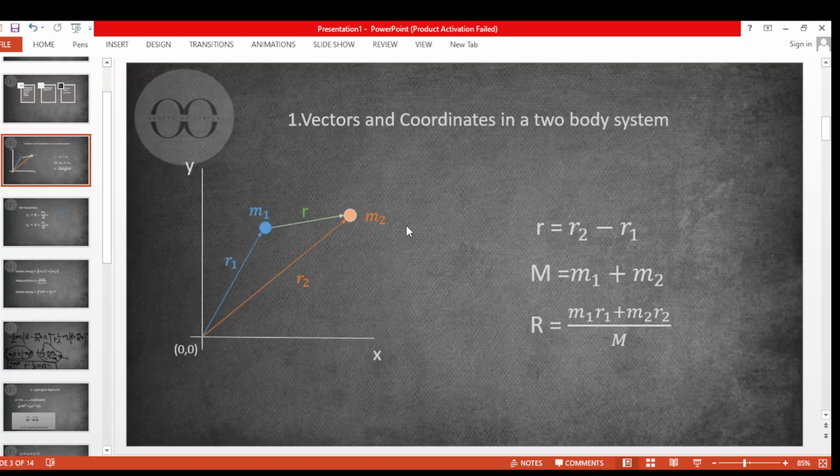At first we placed 2 objects in space, and then we developed the vectorial relation of the objects with the coordinate system, which are written here.